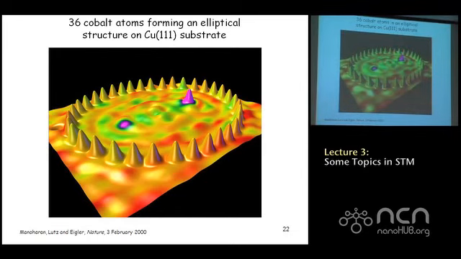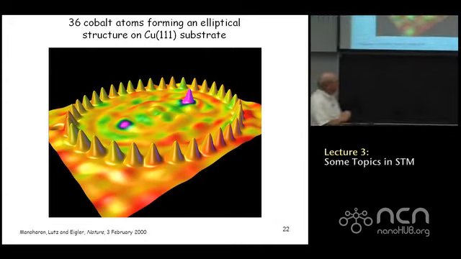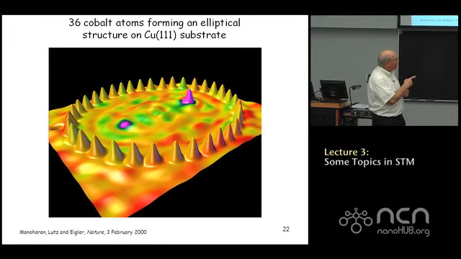And this result was published in Nature, February 2000. This comes out of Eigler's group at IBM Almaden. And what they did is they arranged 36 cobalt atoms to form this elliptical structure.